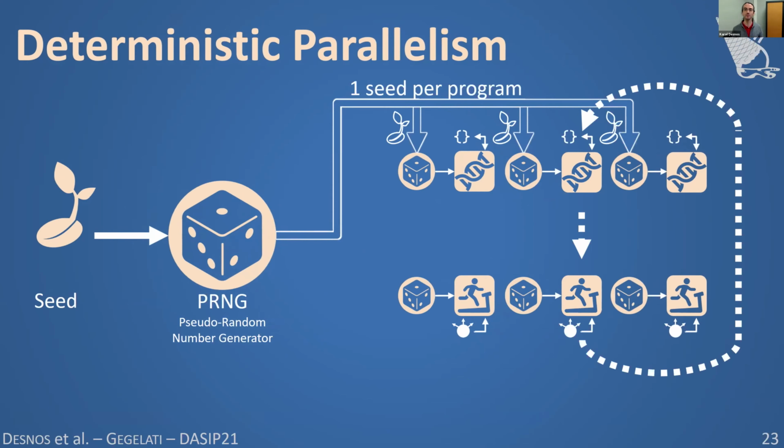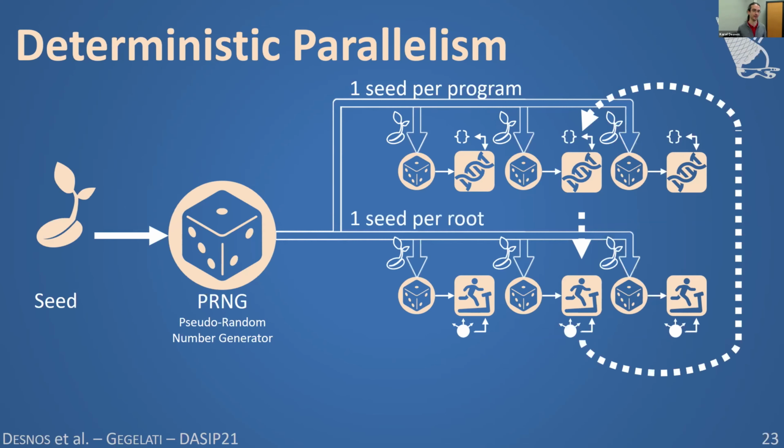And by doing that, we can make sure that the mutations that are applied to each one of the programs during the training process are completely deterministic, because the seed that is used to initialize the pseudo-random number generator of the parallel processes is itself deterministic. And the same is true for the evaluation process. We just generate one seed for each root of the graph that is evaluated.